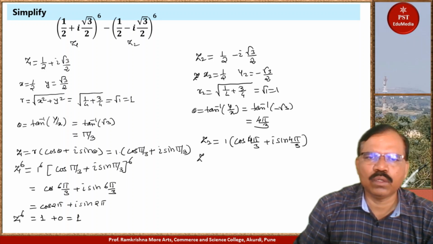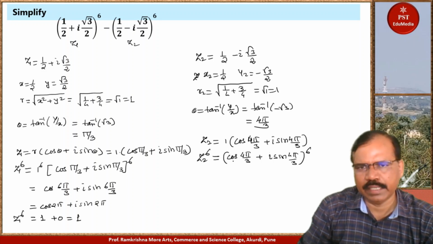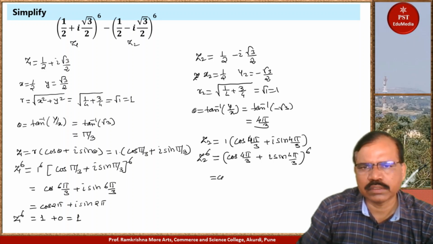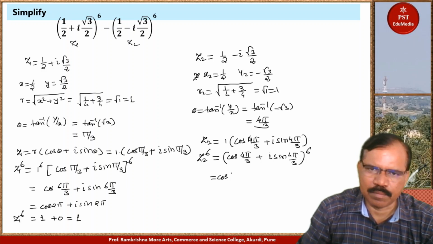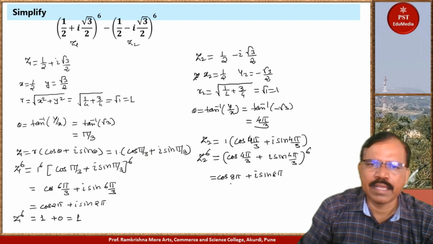And now z2 raised to 6 is equal to cos 4 pi by 3 plus i sin 4 pi by 3 bracket raised to 6. Now use De Moivre's theorem. So we'll get cos 6 into 4 pi by 3, so we'll get 8 pi, plus i sin 8 pi. Now cos 8 pi is 1, sin 8 pi is 0.